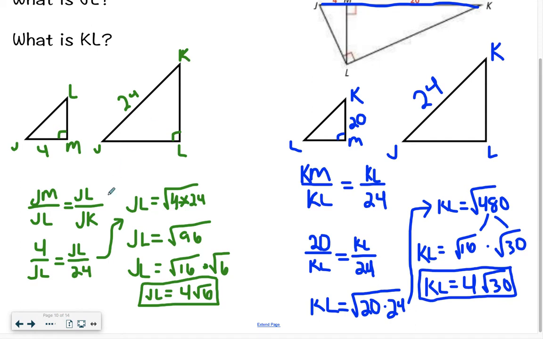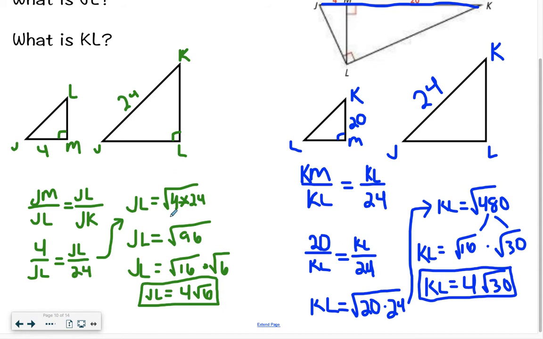And so plugging in 4 and 24, I got JL equals the square root of 4 times 24, which is 96, which can be broken up into 16 and 6, which is how you get 4 square root of 6. Then to solve for KL, I split it up into two triangles, KLM and KJL.